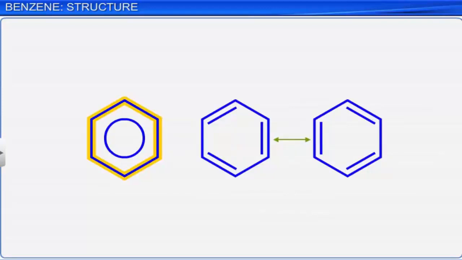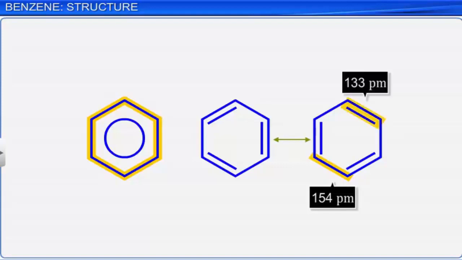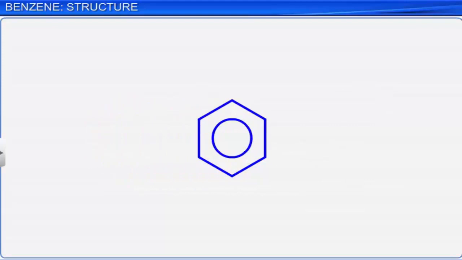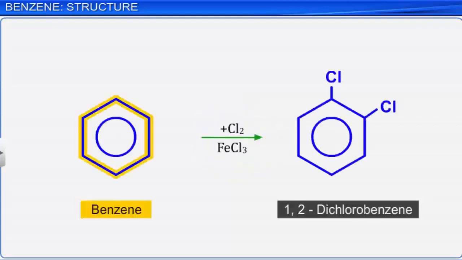Hence, the bond length in benzene is 139 picometers. As all the carbon-carbon bonds are equivalent, it results in the formation of only one 1,2-disubstituted product.